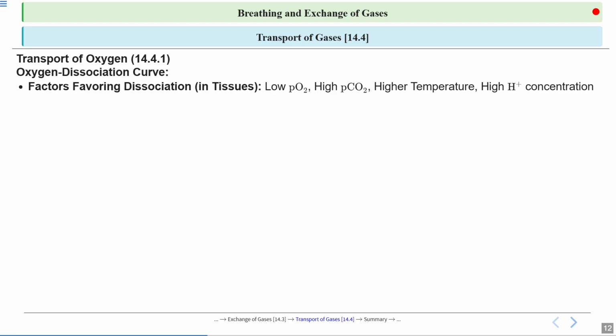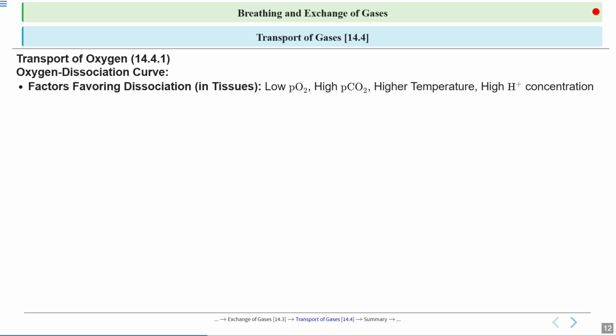In the tissue. The tissue should not have high partial pressure of oxygen, it should have lower partial pressure of oxygen, because the blood which is brought to the tissue is already having high partial pressure of oxygen. So the tissue should have low partial pressure of oxygen, right?